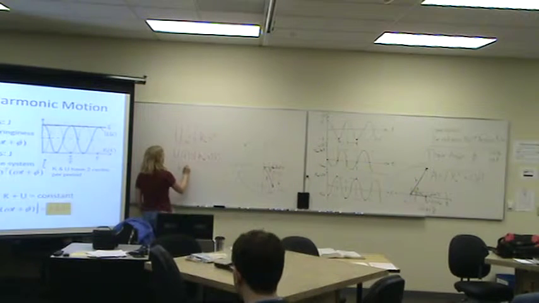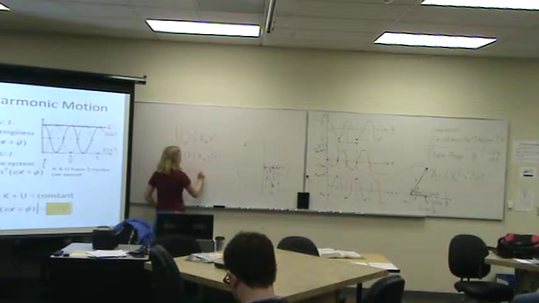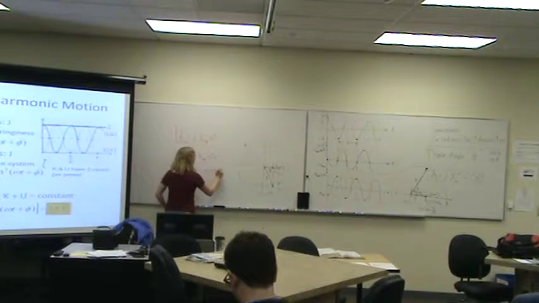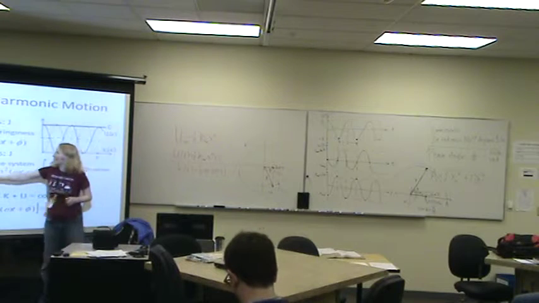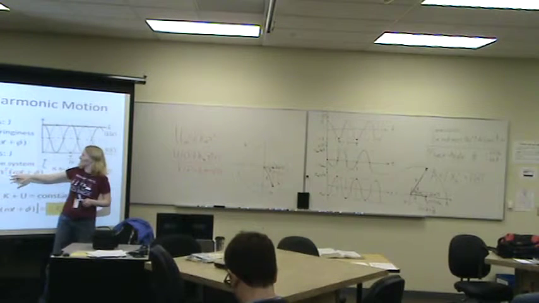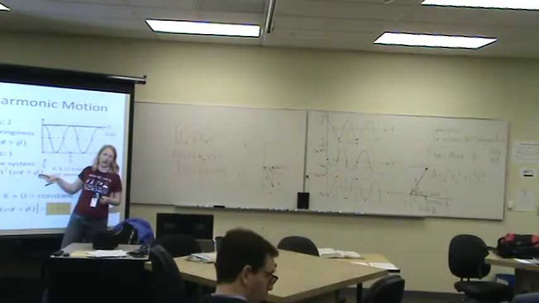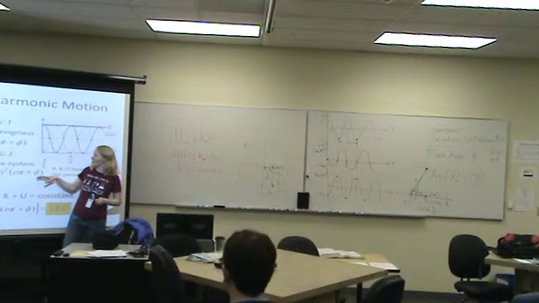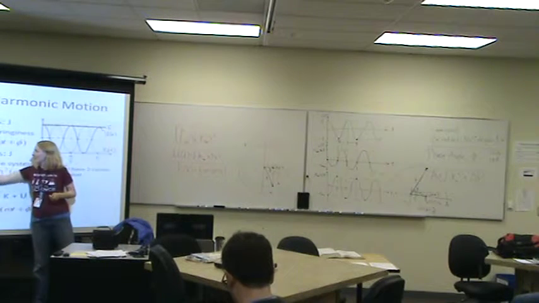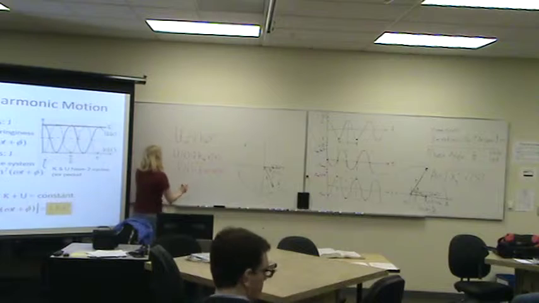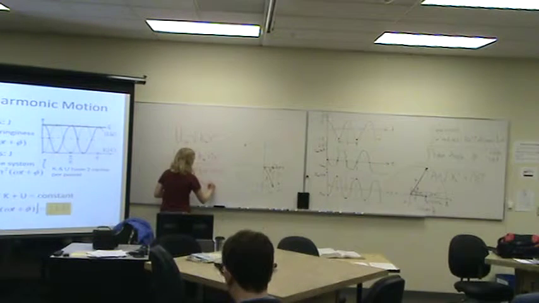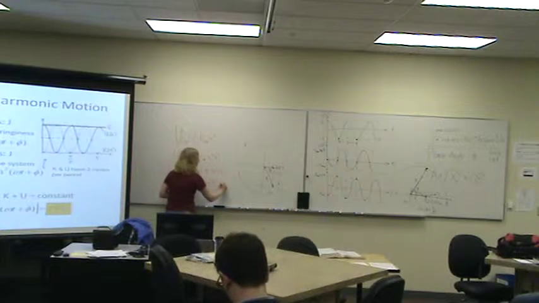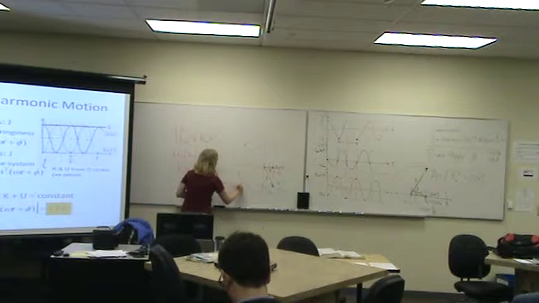So K of t is 1/2 m v squared, which gives you m omega squared a squared sine squared, and so on. That's kind of ugly, so what I can do is get rid of this m omega squared.